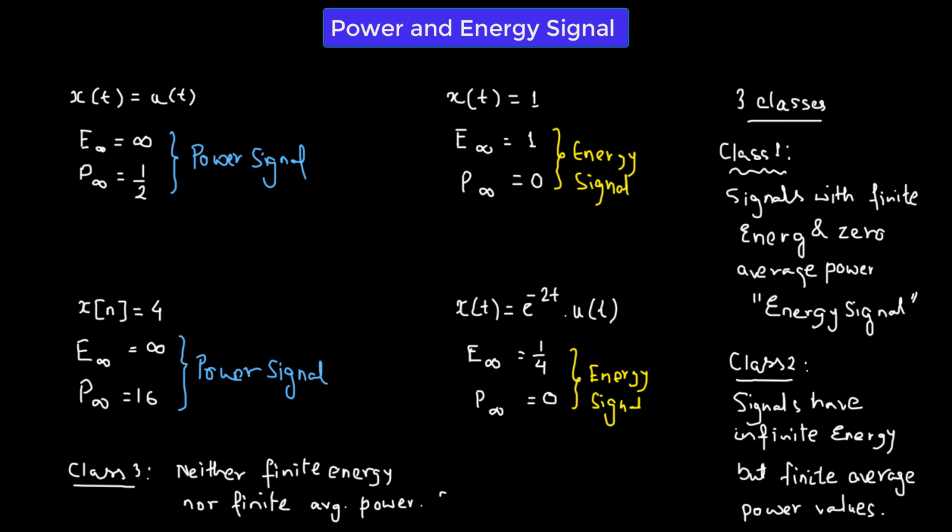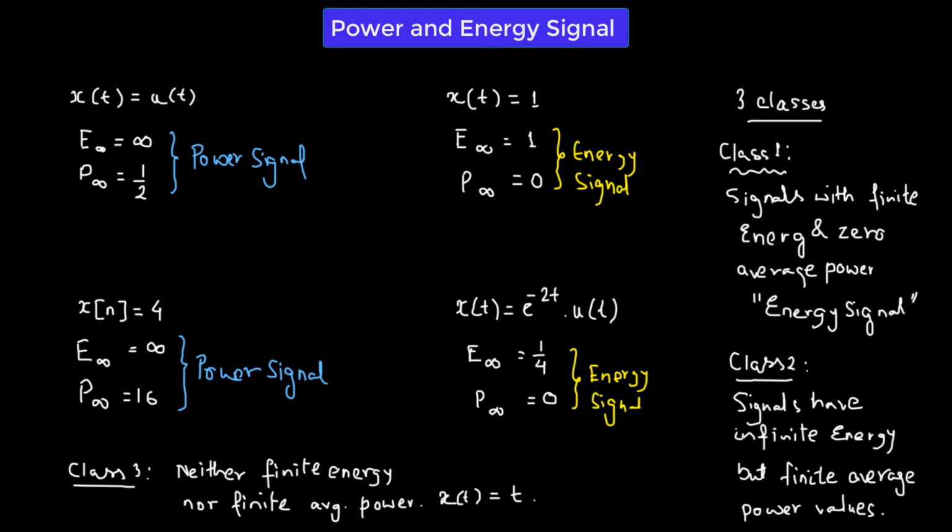One example is if x of t is equal to t. You can check it out. You can find the energy value as well as the average power value. You'll see that it's not going to satisfy either the condition given by class 1 or the condition given by class 2.